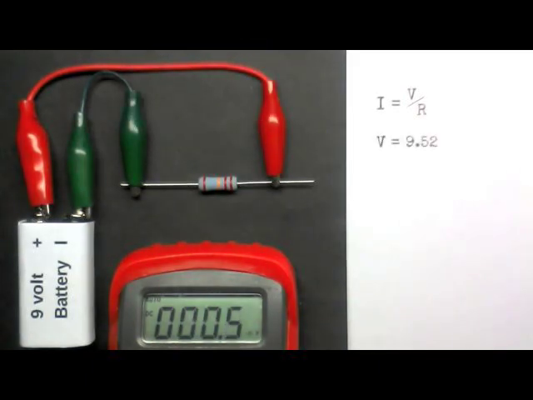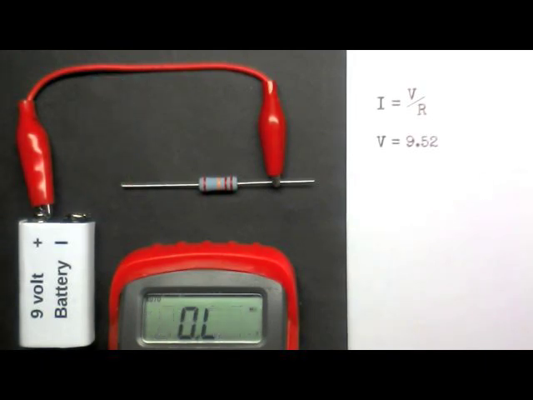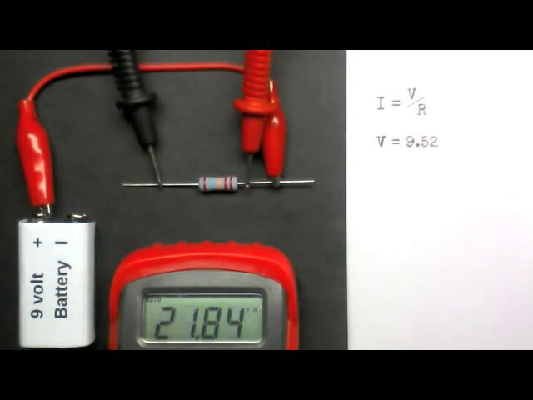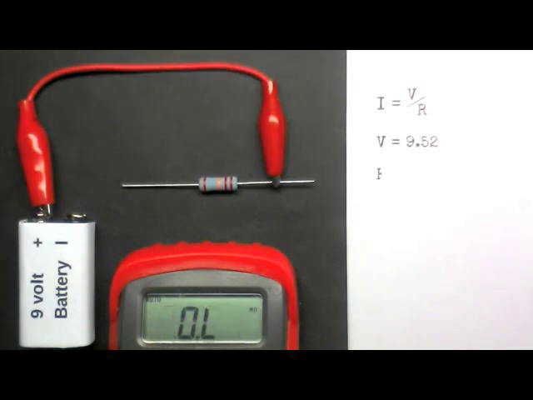We'll remove the green jumper to measure the resistance. And we have 21.84k ohms, and k is 1,000, so that's 21,840 ohms.